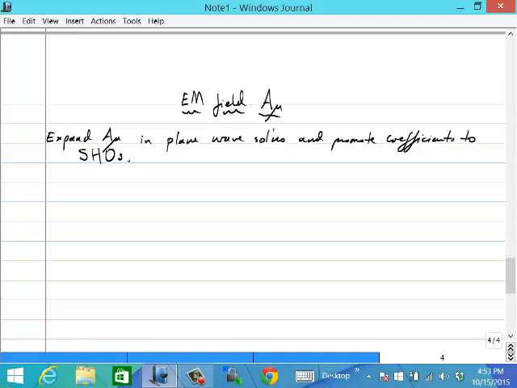And then the Hilbert space is just the Hilbert space of an infinite number of copies of simple harmonic oscillators, one for each possible plane wave solution of electromagnetism.